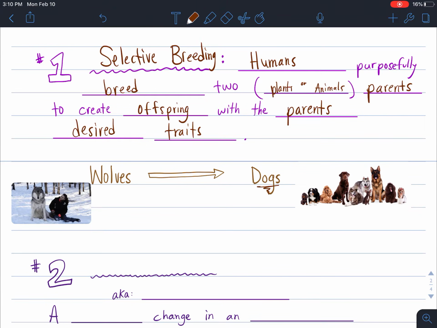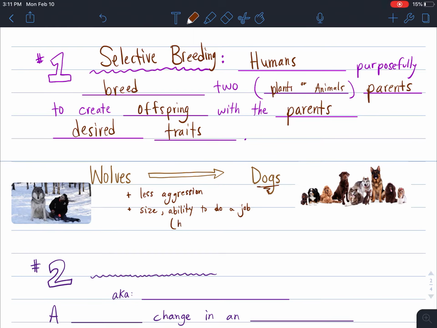So some things that you can think about when they chose wolves, some of the desirable traits were like less aggression. They also probably chose traits depending on the size of the dog, the ability to do a job like fetch, or to maybe guard them as well. That would be another job that they could do.